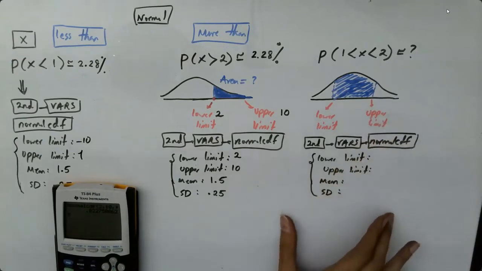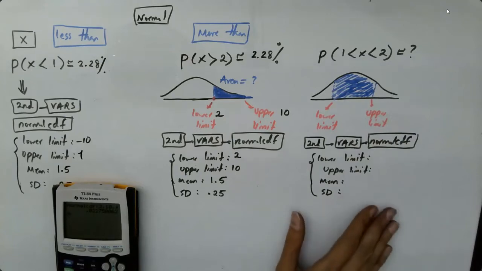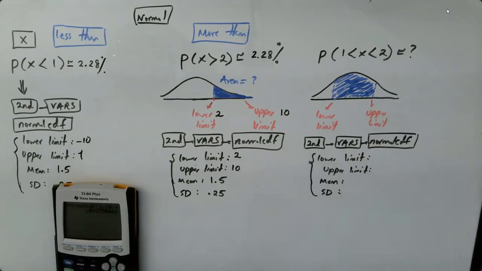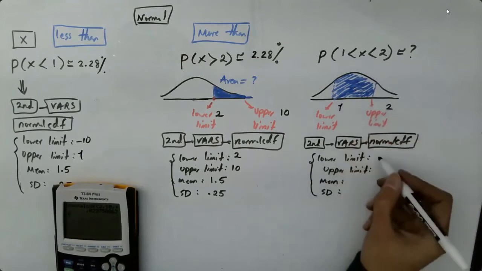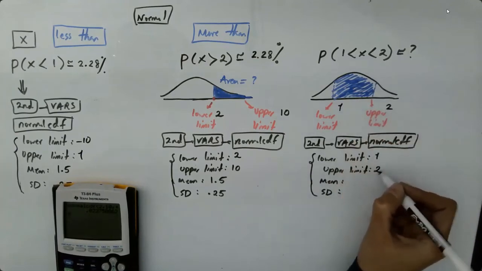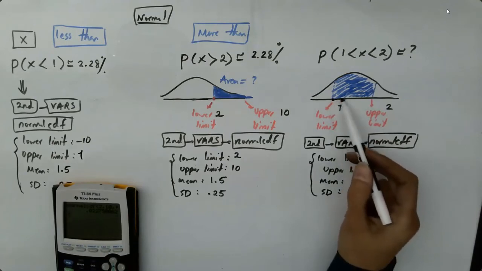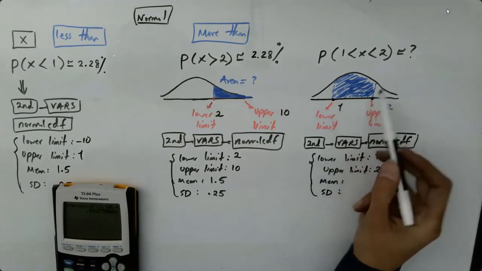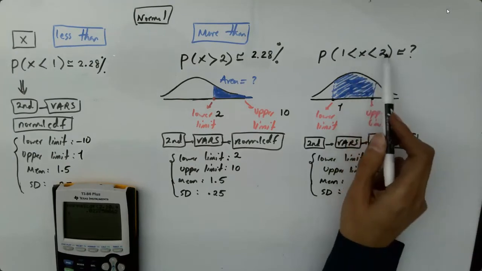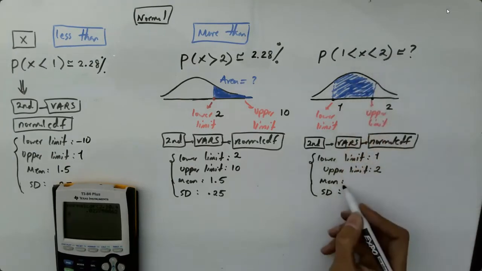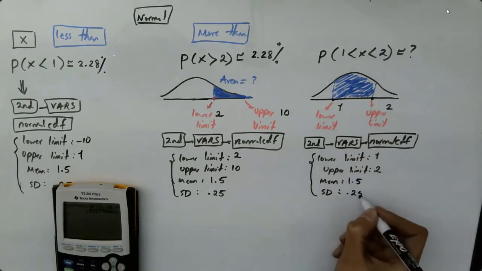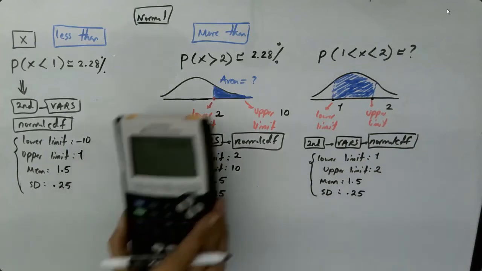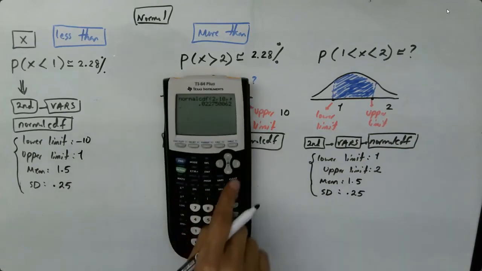You don't have to convert them into Z. Absolutely fine to use your X value. So my lower limit is 1, and my upper limit is 2. Lower limit, smaller number, upper limit, larger number. What's the mean? The mean of the data, 1.5. What is the standard deviation? 0.25.